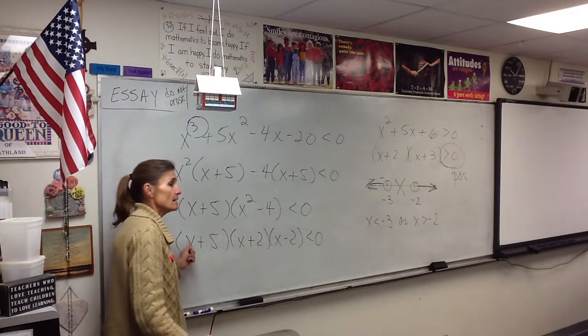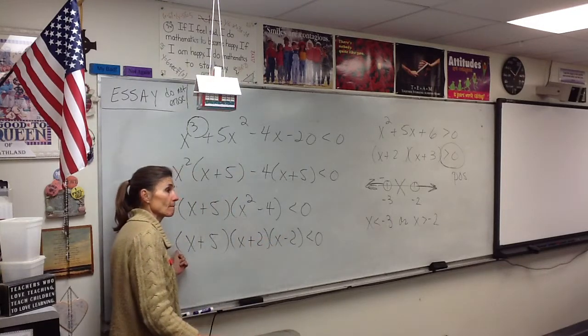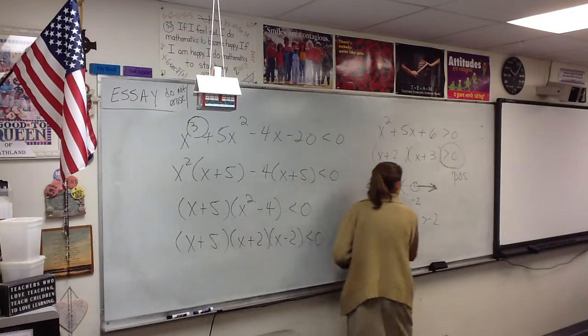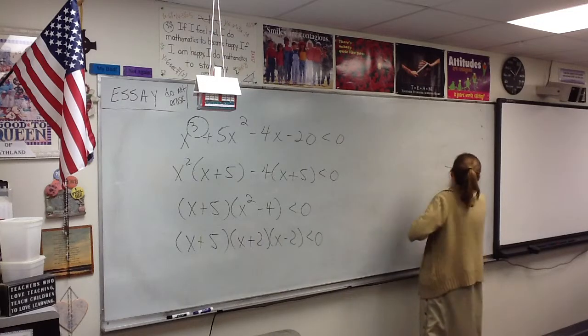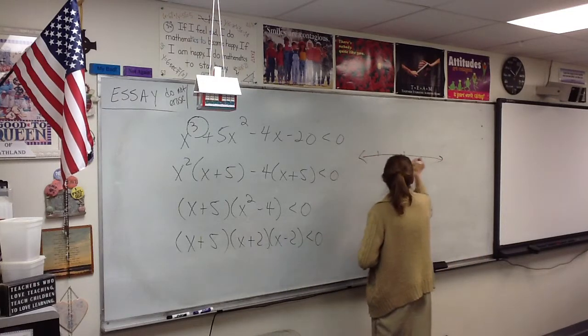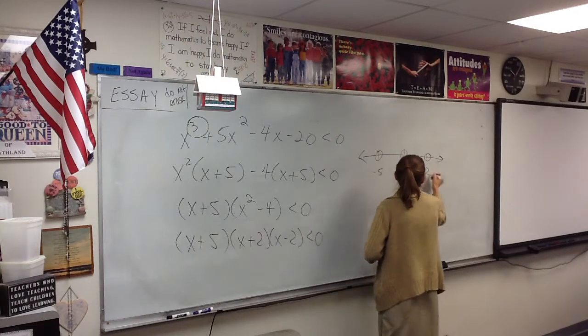Okay. So everybody can get this factoring. Then we'll do what we did before. We'll draw our number line, only this time there are going to be 3 dots on the number line. Karen, where are the 3 dots? -5, -2, and 2.